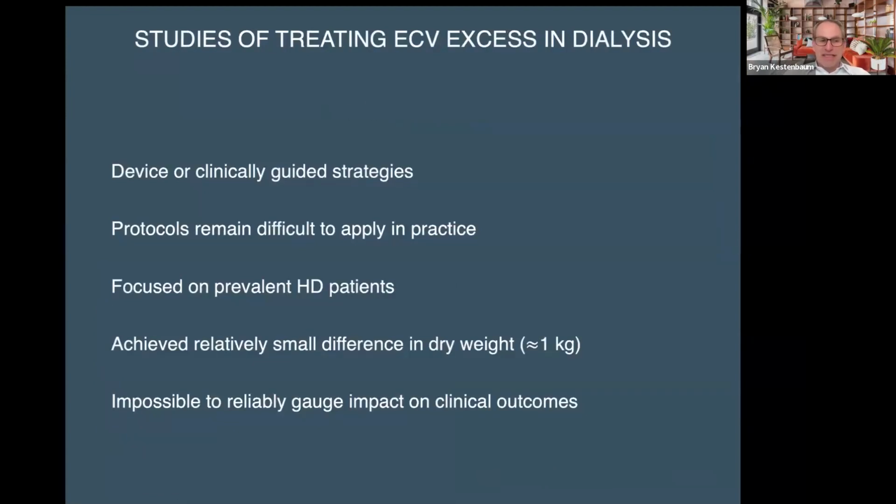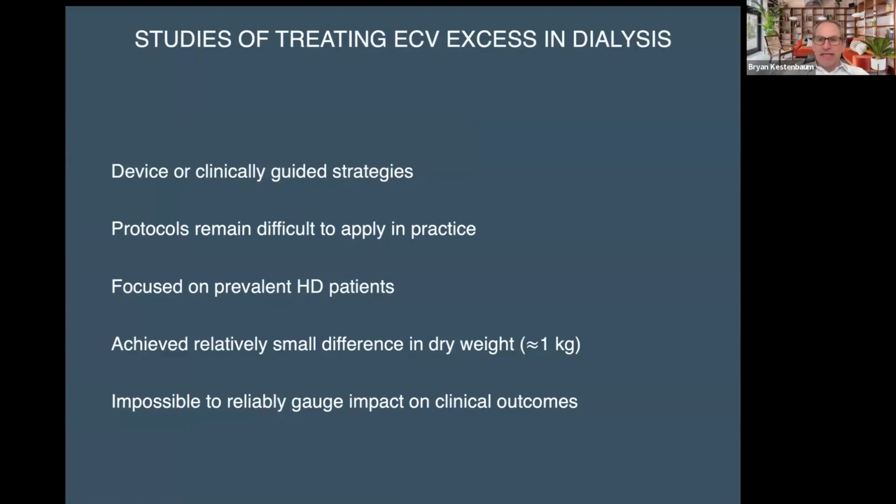Okay, so to summarize, the existing studies targeting extracellular volume excess in dialysis patients might not be the trials we all would want. They usually randomize people to some kind of device or clinically guided strategy that's tough to duplicate in practice. They exclusively focused on prevalent, long-standing dialysis patients, typically 2 to 3 years of dialysis upon enrollment.